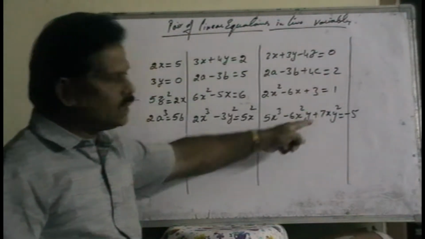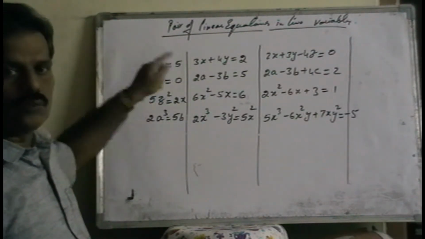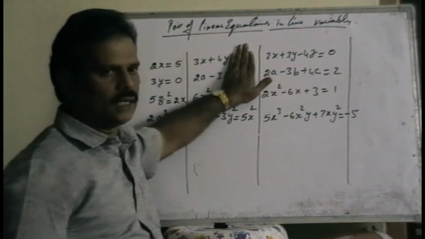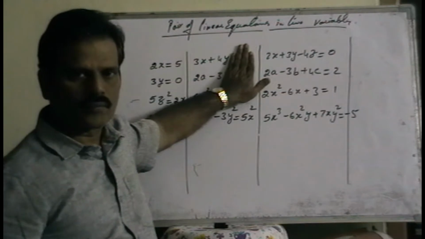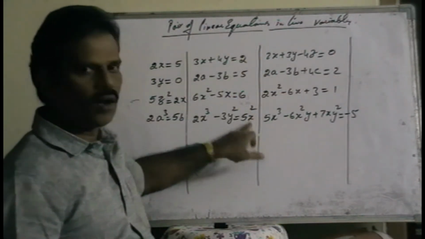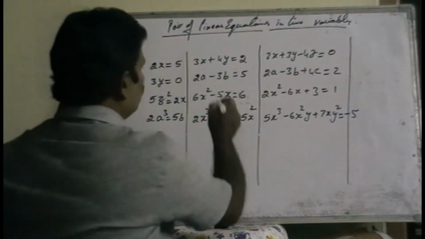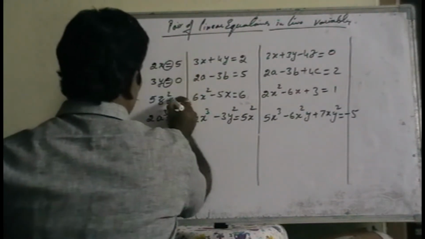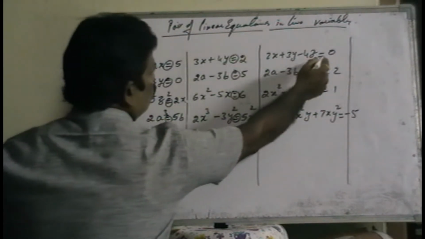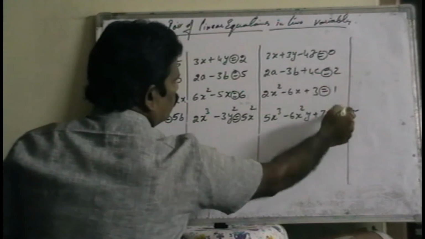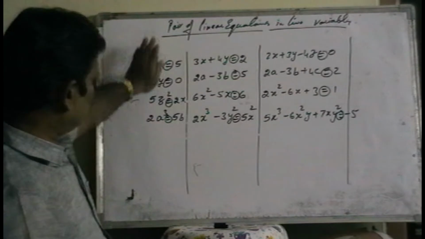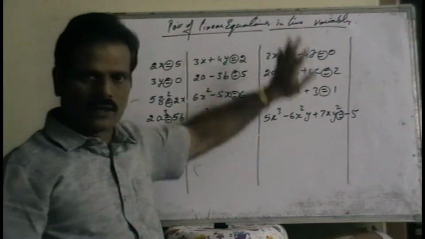So now these are called equations. Without the equal symbol, it is an expression. 3x plus 4y is an expression. If it is equal to some constant or some other expression or other variable, whatever it may be, if the equal to symbol is there, now they are called equations. Without the equal symbol, they are called expressions: monomial expression, binomial expression, trinomial expressions.